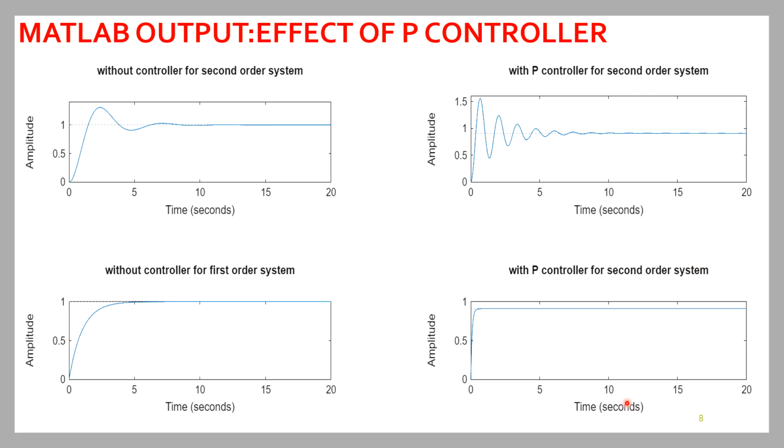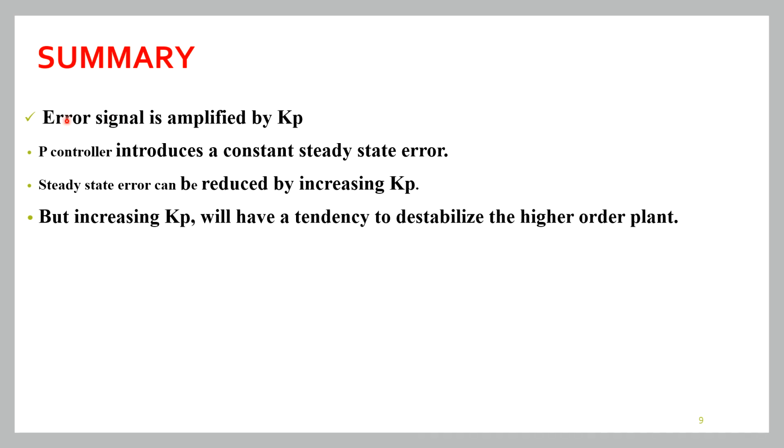So let us summarize the P controller. The P controller will amplify the error signal E(s) by Kp, and hence the speed of response will be fast. The speed of response will introduce overshoot in the system. And also the P controller will introduce a constant steady state error.